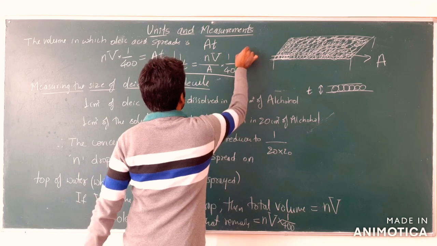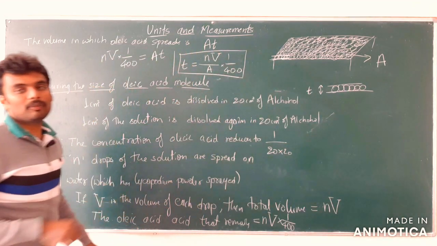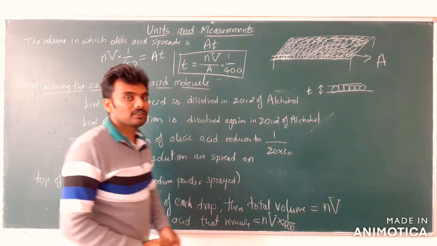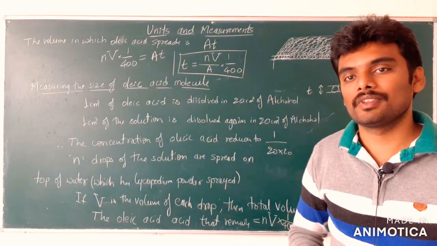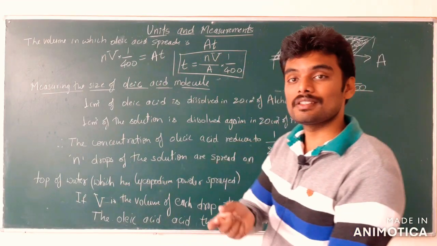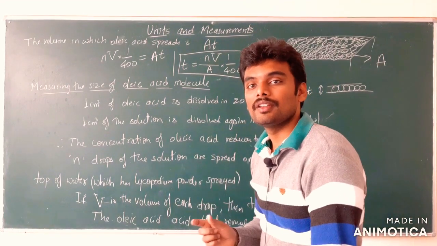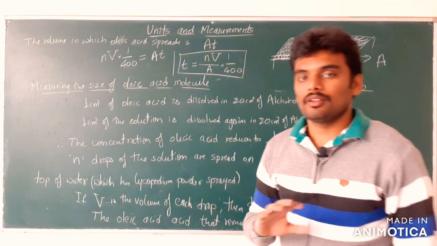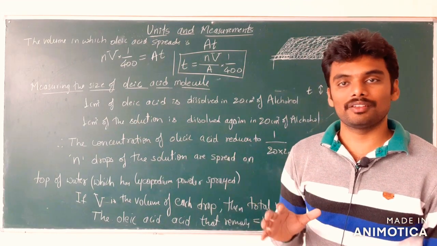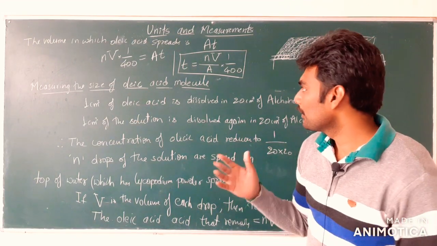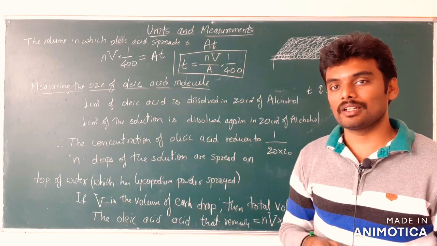So this is the indirect method that we will make use of to measure the size of oleic acid molecules. We are actually measuring the size of each molecule now, and the remaining molecules will be of almost the same size, so we can compare the sizes now at least.